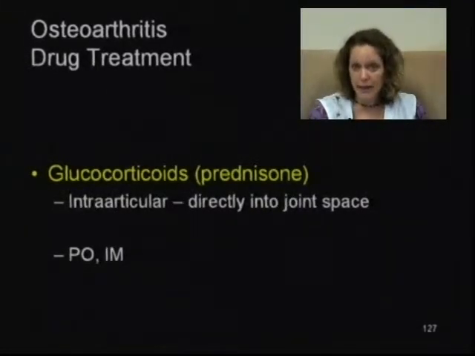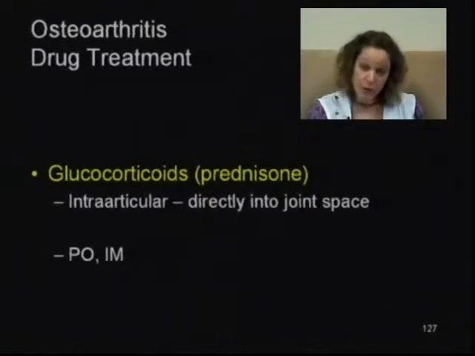Patients may also take prednisone PO to keep the pain of their arthritis and inflammation down. Also IM injections as well. But the thing we need to consider about glucocorticoid therapy is that we would never stop the patient taking them without a tapering down process.